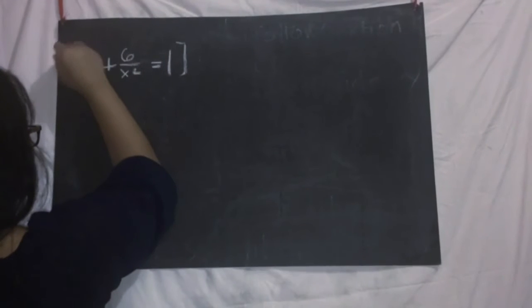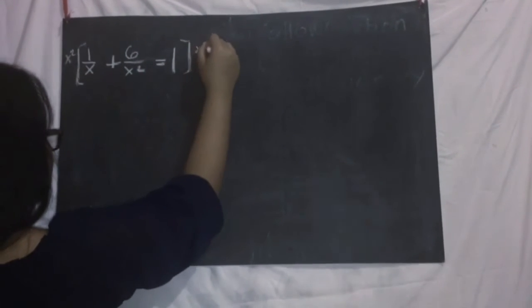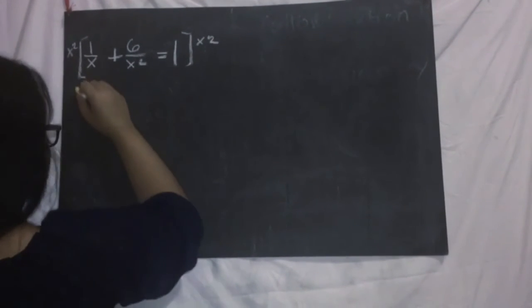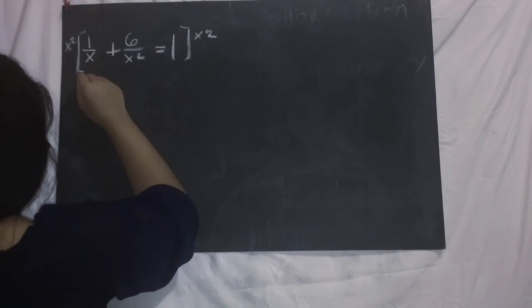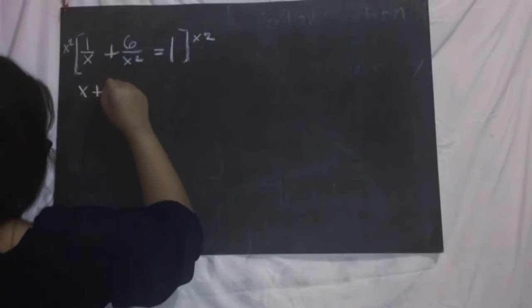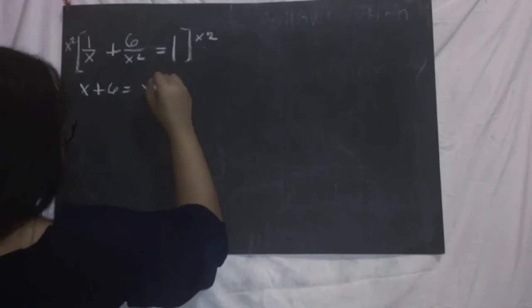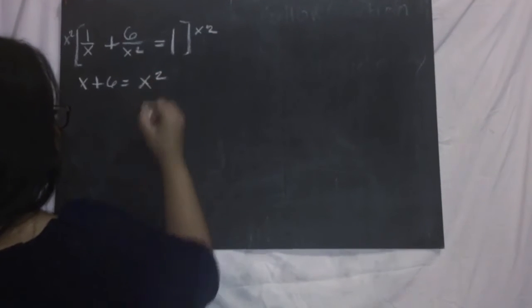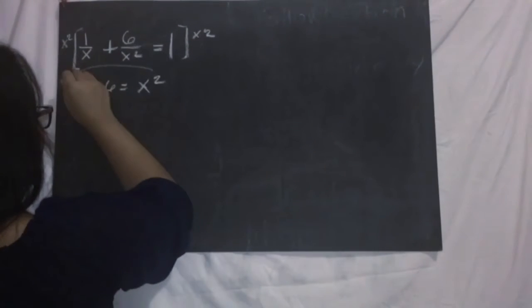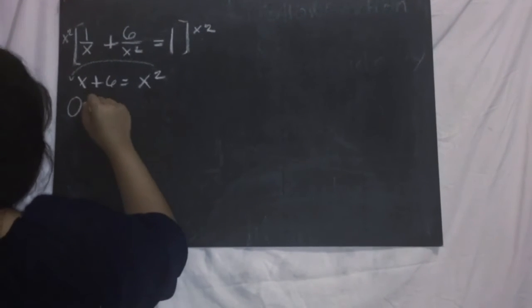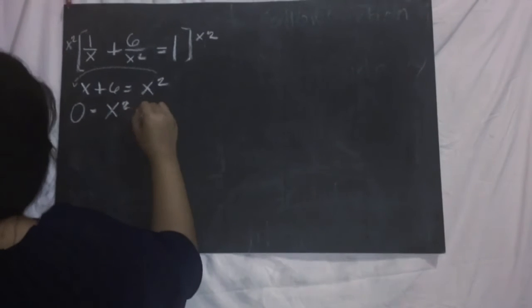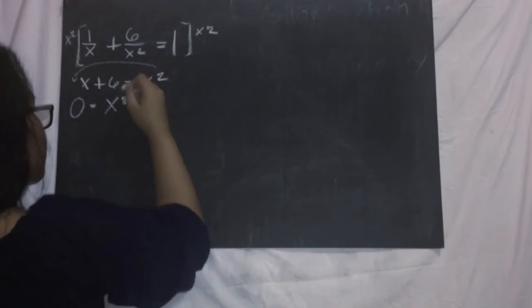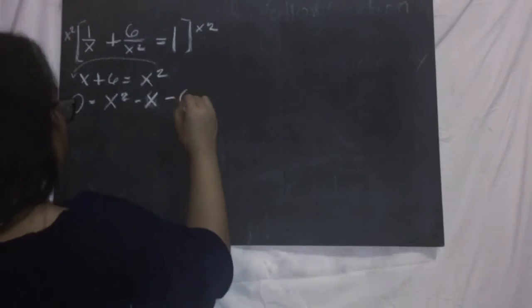Multiply both sides by our LCD, which is x squared. So it will become x plus 6 equals x squared. So equate to 0, so it becomes 0 equals x squared minus x minus 6.